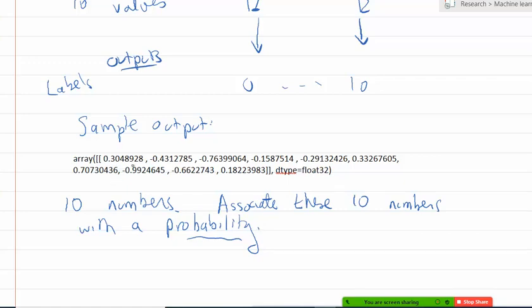So when we have these numbers, but these numbers are negative. Now probabilities are between 0 and 1. So somehow we want to associate these numbers, which are real numbers, with a probability which is between 0 and 1.